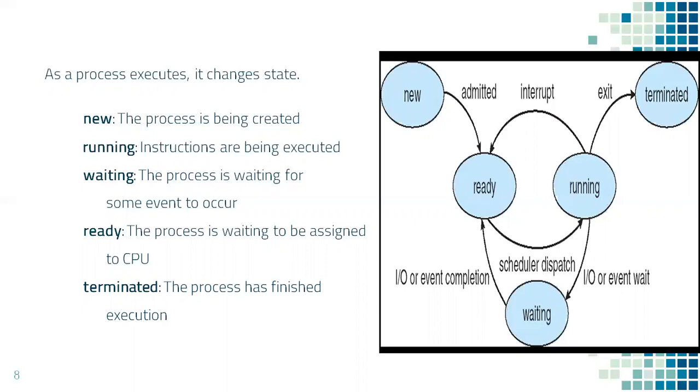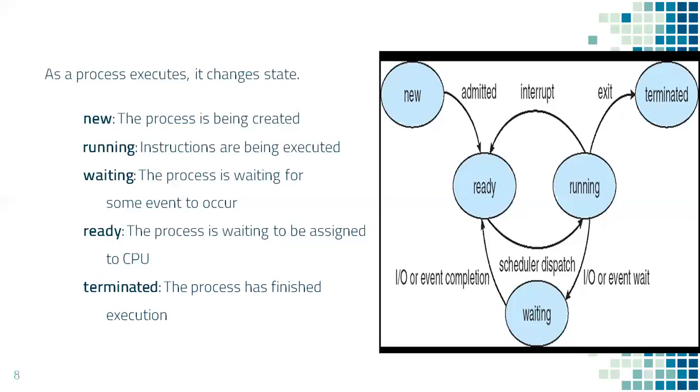Out of these many processes which are ready and waiting in the ready queue, one process will be selected by the scheduler and dispatched for execution on the CPU. The process which is dispatched for execution on the CPU changes its state from ready to running.